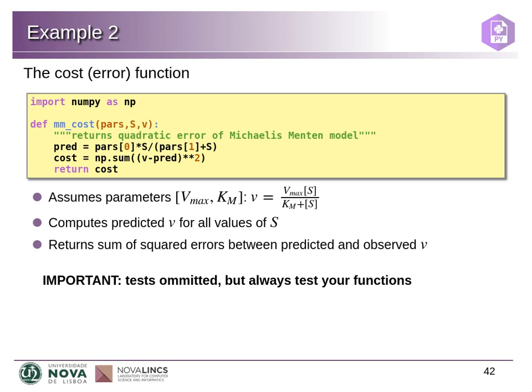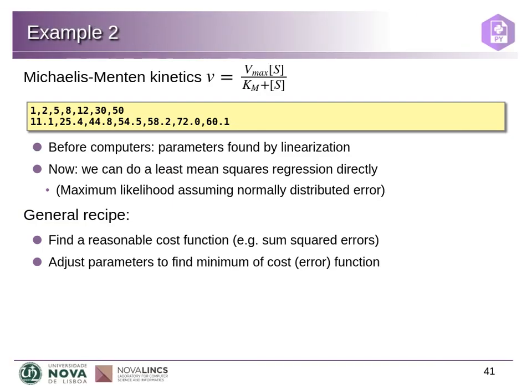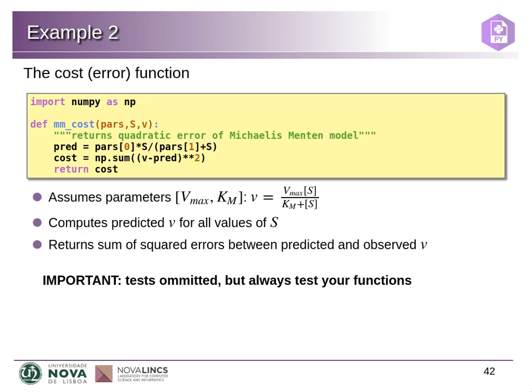Note that this F can be an array of values. We can use all the data values that we have here in a NumPy array, because these operations will now be broadcast over the whole array, and we get a vector, an array with all the predicted values. So these predictions will be the initial velocity predictions for all the concentrations of substrate.